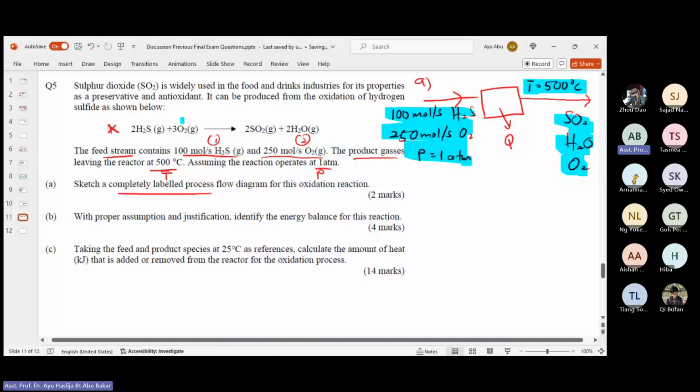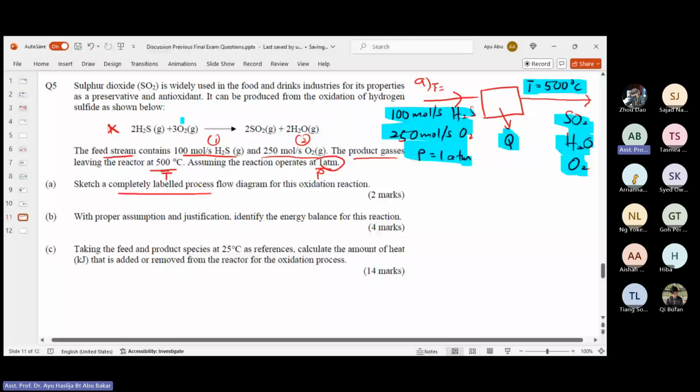Okay, for the inlet, what is the pressure? 1 atm. How about the temperature? Correct, pressure is 1 atm. 25 degrees.